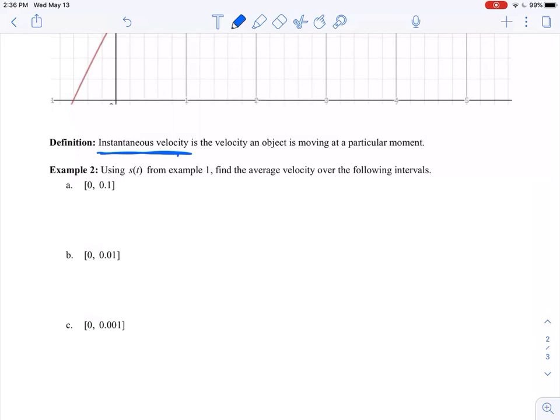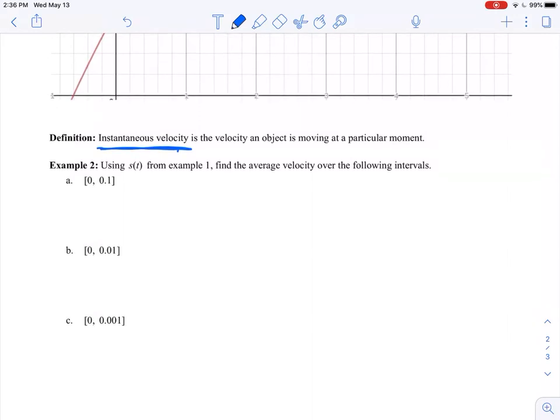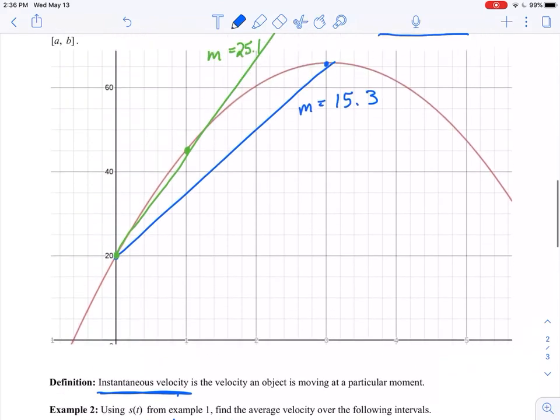So I'm going to use s of t from example 1 and our result from part C to find the average velocity over these following intervals. I could say, okay, let's take s of 0.1 minus s of 0 all over 0.1 minus 0. And sure, I could go and plug that number in, but we did all of this work in part C, so let me go back and get that here.